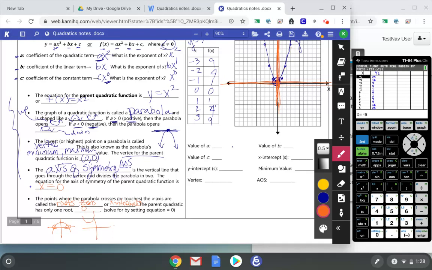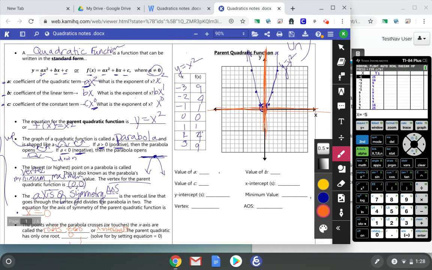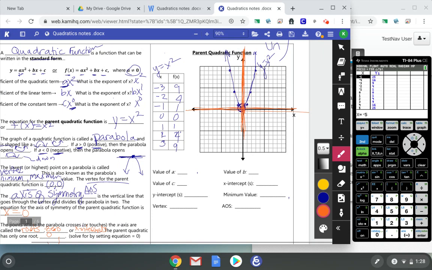All right, so over here, just looking at our quadratic function of x squared, we're just going to pull out and show the relationship between the different pieces that we are pulling out from this equation. So what would our a value be? What is the coefficient in front of the x squared term? 1. What is the b value?